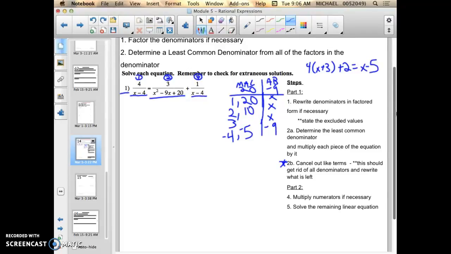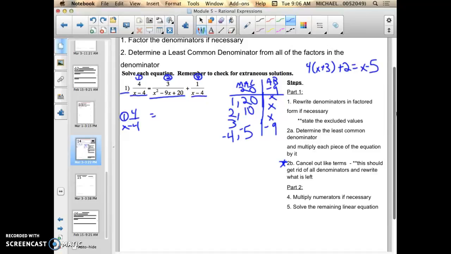So now I have my factors, and so now I rewrite. Step 1 is to rewrite denominators in factored form if necessary. And so I'm going to drop down my first piece because I didn't touch that. 4 over x minus 4 equals, and leave some space in between your pieces, because we're going to multiply by a least common denominator in just a second.